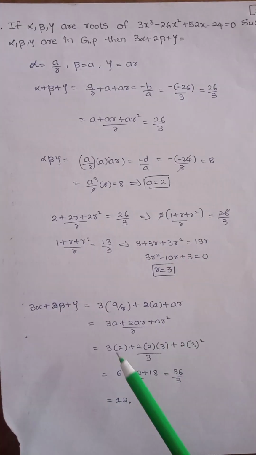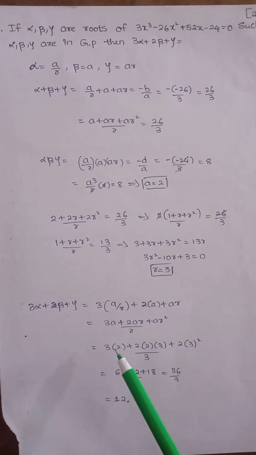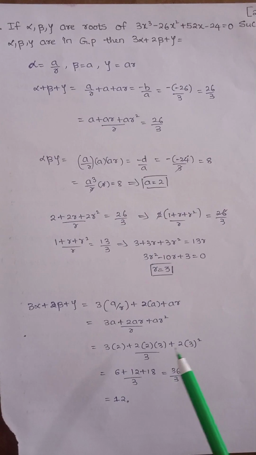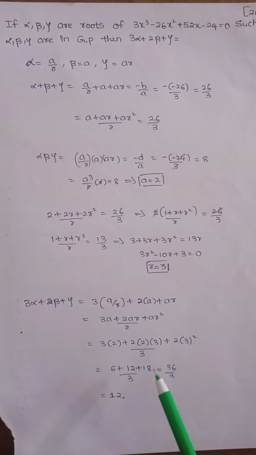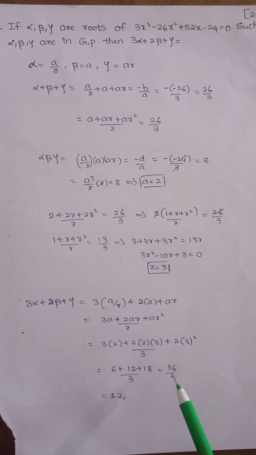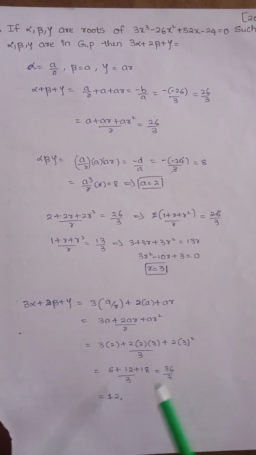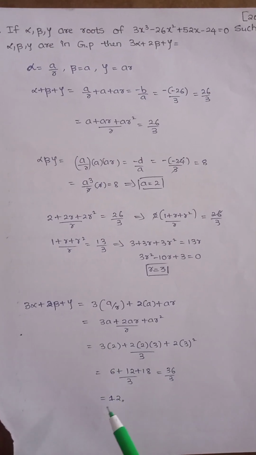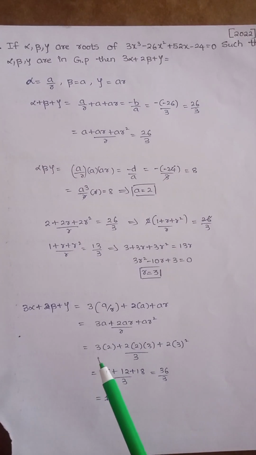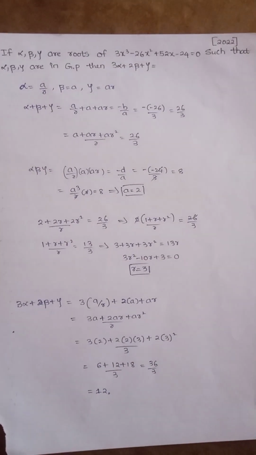Substituting these values, we get 3 into 2 by 3 plus 2 into 2 plus 2 into 3, that is 2 plus 4 plus 6, which equals 12. That is, 3 alpha plus 2 beta plus gamma is equal to 12. This is the required answer for the given expression.